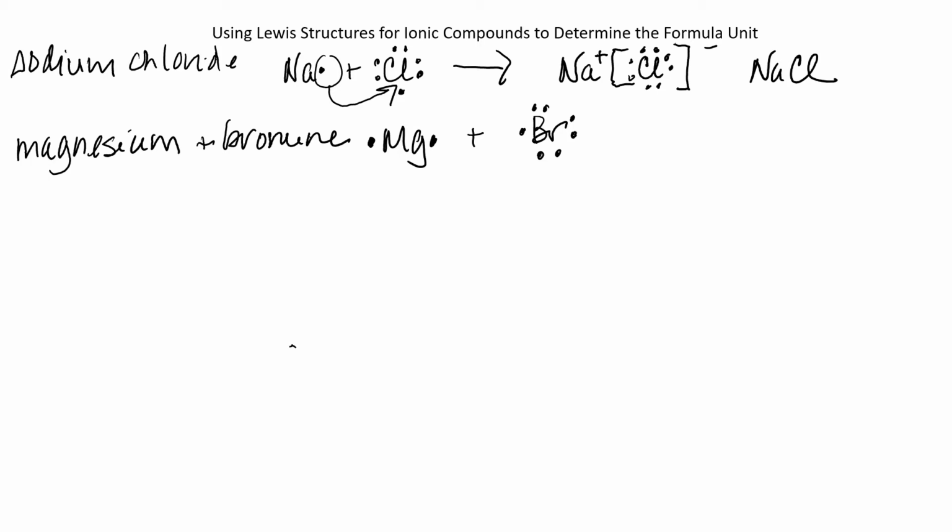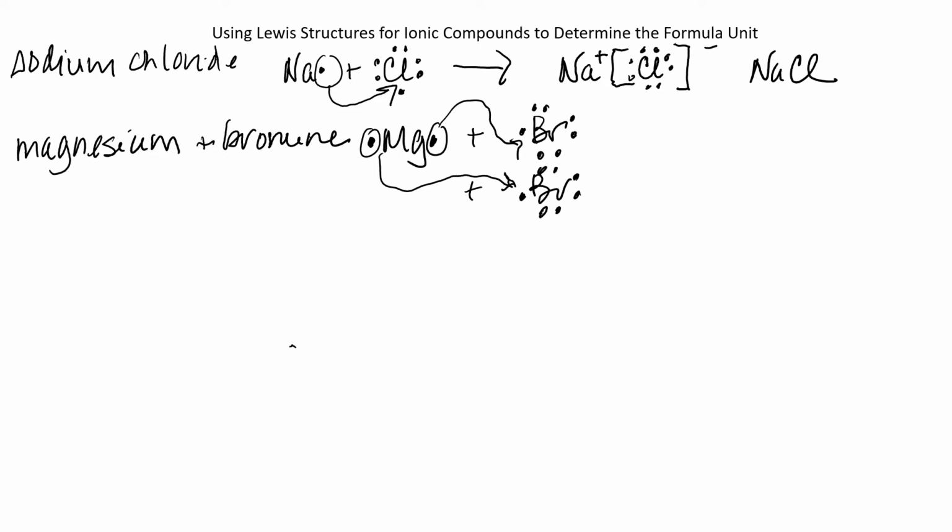Now in this case, magnesium wants to get rid of 2 electrons. Bromine only needs 1. So that means we're going to need another bromine atom to accept that second electron from magnesium.